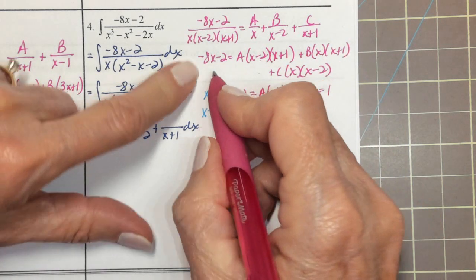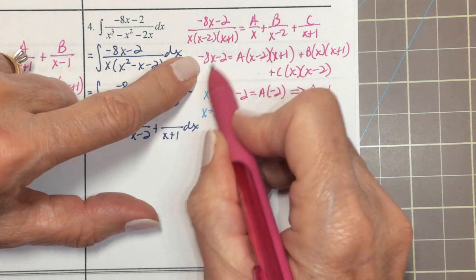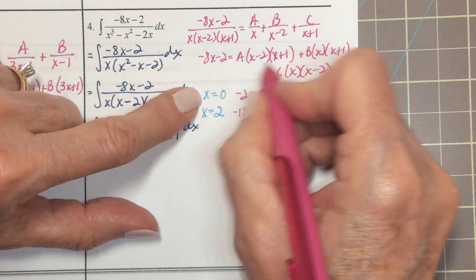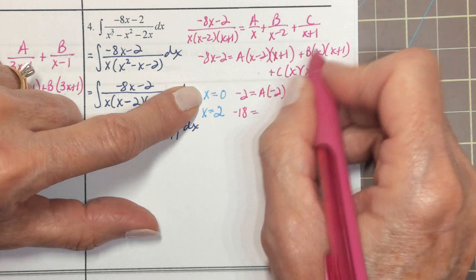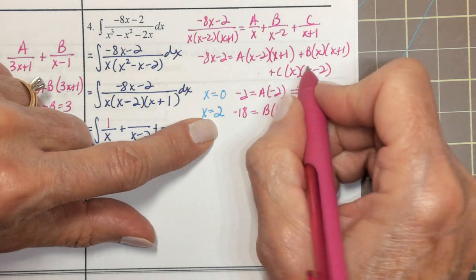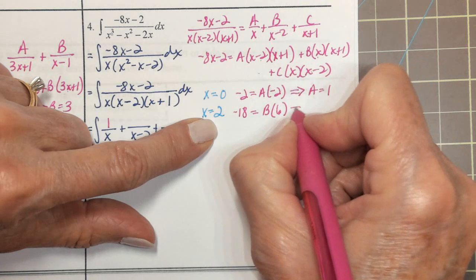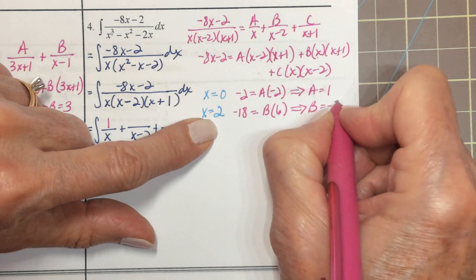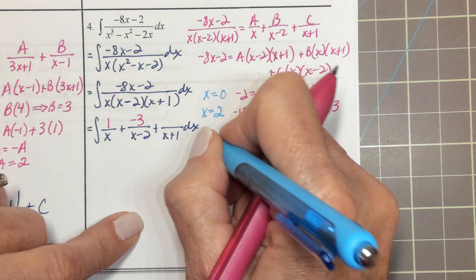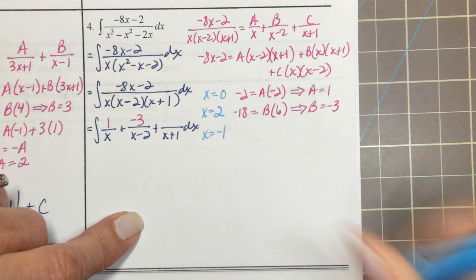When x is 2, we'll have negative 16 minus 2, that's negative 18, is equal to, the a term zeroes out, b times 2 times 3 is 6, the c term zeroed out. b is negative 3.